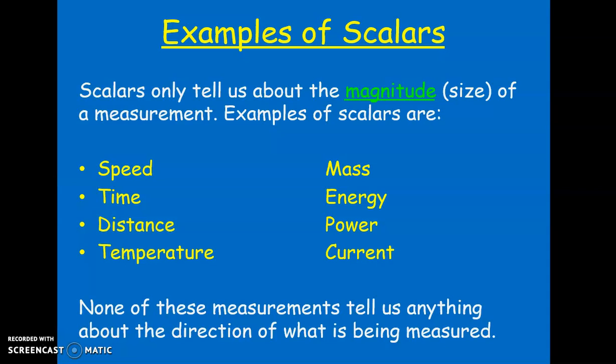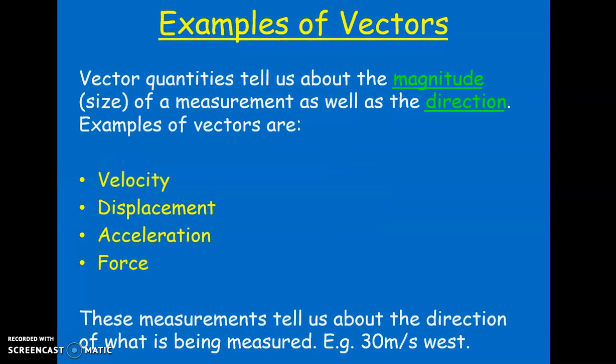Again, it tells you nothing about the direction. However, for velocity, I might say to you the direction. For example, 30 meters per second west. So we have two lots of information. We've got the 30 meters per second, that's your quantity, and west is your direction. Direction could also be to the right or up.